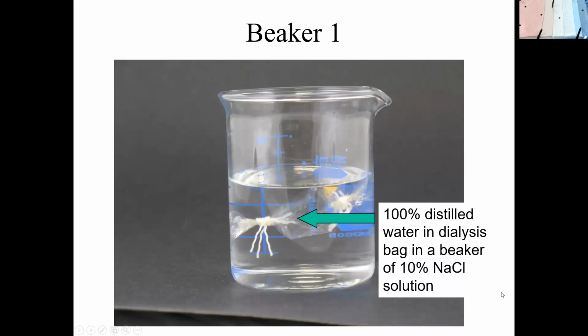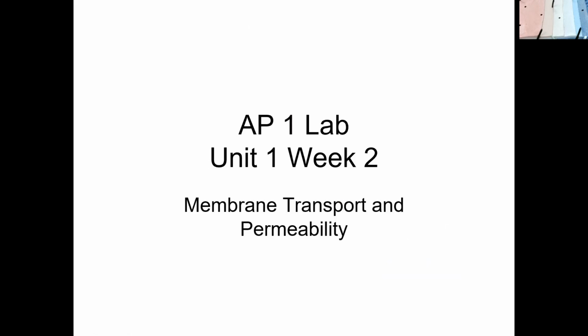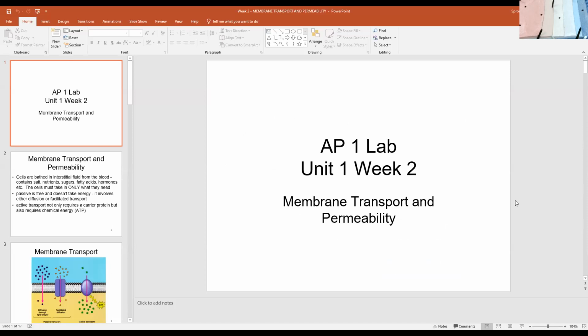That's what's happening there, the one that's cloudy because of all the salt. And the other one is the opposite. It is 10% salt in a dialysis bag of 100% water. So we'll see the results here shortly. Okay, let's move on. Any questions on all that? I think we'll see some decent results here, I hope.